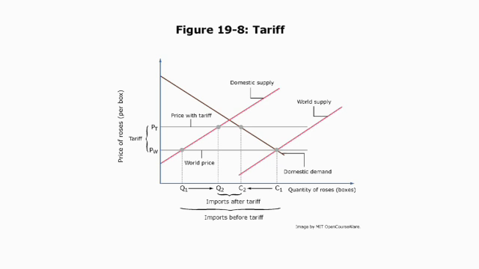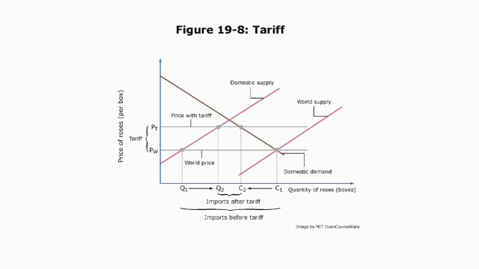What that does is that consumers, at that higher price, now only want C sub 2 roses. That's where the price intersects demand. They wanted C sub 1 roses without the tariff, but with the tariff, at that higher price, they only want C sub 2 roses.